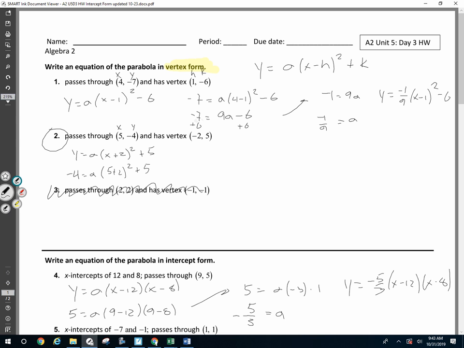Oh, this will be fun. Negative 4 equals a times 7 squared, which is 49a. Great. Plus 5. Subtract 5, I get negative 9 equals 49a. Divide by 49. A is equal to negative 9 over 49. Fantastic.